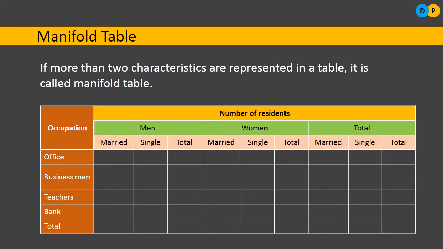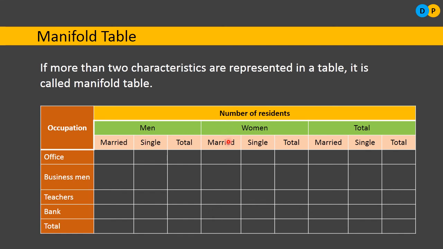Here please notice, again I have considered the residents of a particular locality. How have I represented them in the table? Depending upon three primary characteristics. The first characteristic is occupation. The second characteristic is sex, whether they are men or women. Similarly, within men, I have gone for one more classification, whether they are married or single.